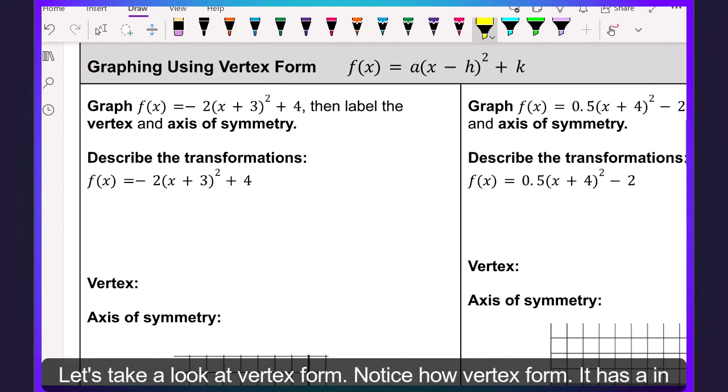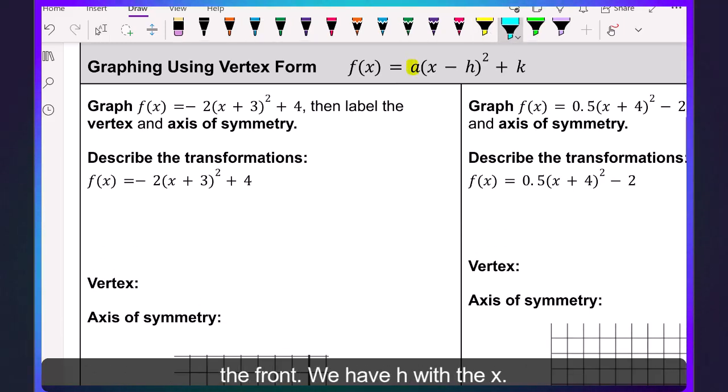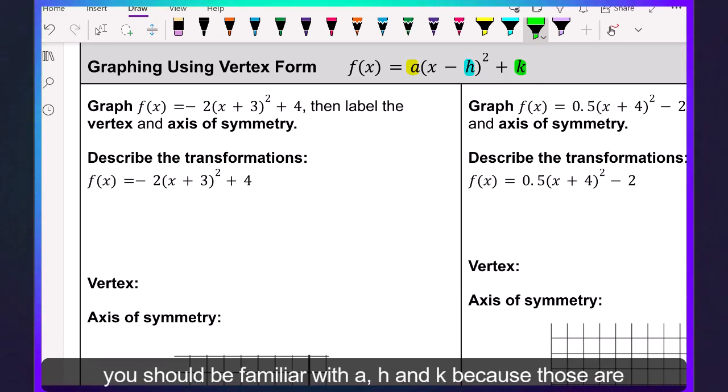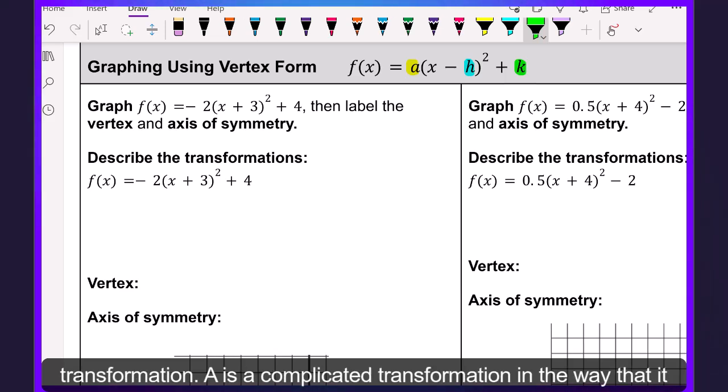Let's take a look at vertex form. Notice how vertex form has A in the front. We have H with the X. And you have K on the outside of your function at the end of it. Now, you should be familiar with A, H, and K because those are transformations.